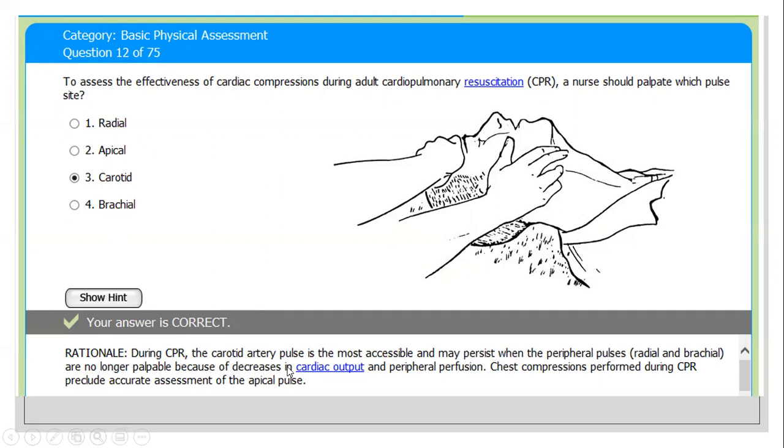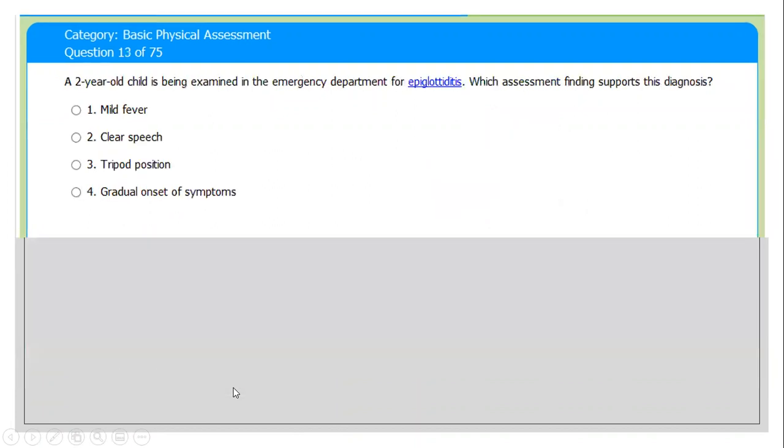Because of decreased cardiac output and peripheral perfusion, we will not get a radial pulse. We do not palpate the apical pulse, but we may still feel the carotid pulse. The chest compressions performed during CPR can preclude accurate assessment of the apical pulse.